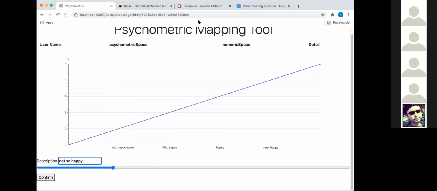So later on, does the student need to create the interface for collecting the survey data? Yeah, that part, the very first user interface asking about emotional categories and assign numbers, that page can be used to collect the data.